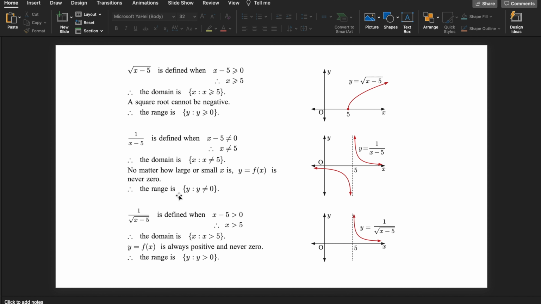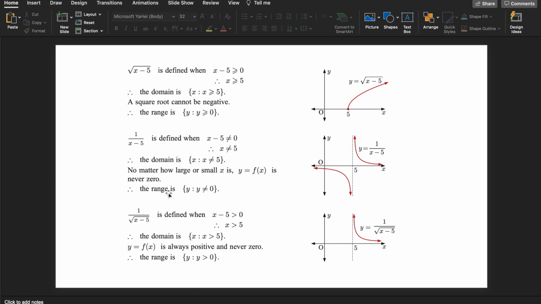And like they said, no matter how large or small x is, y equals f of x is never 0 because, well, it's very obvious, 1 divided by something just cannot be 0. Like if you even equate it to 0, meaning 1 equals 0, which does not make sense.